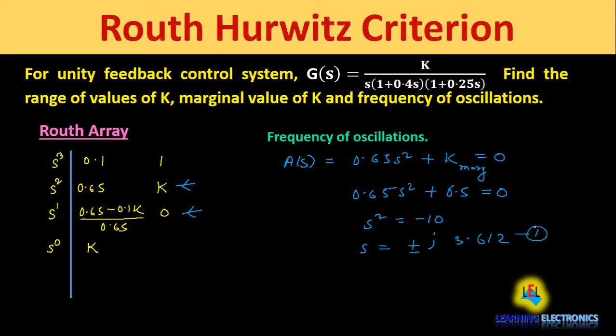Let this be equation number 1, and the standard form for the roots is sigma plus minus j omega n. Let this be equation number 2. When we compare both these equations, we can see that the frequency of oscillations omega n will be equal to 3.162 radian per second.